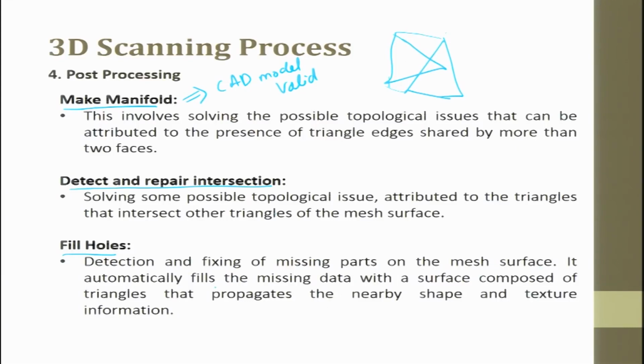It automatically fills the missing part with a surface composed of triangles that propagates the nearby shape and texture information. So, that is what I said, a radius there, a radius here, it tries to approximate and draw a line with this radius and this radius. So, it tries to draw an average and tries to connect these 2, filling holes.